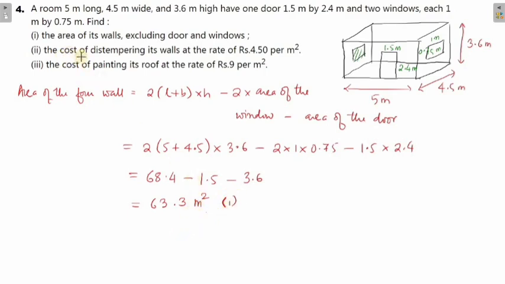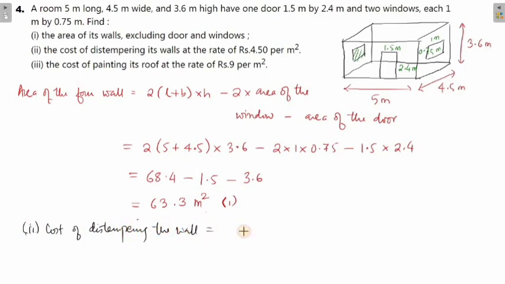Next part of the question says find the cost of distempering its walls at the rate of rupees 4.5 per meter square. If you want to paint the wall, then you have to pay rupees 4.50 for 1 meter square. But what is the area of the wall? The area of the wall is this much, so this is my number 2, cost of distempering the wall.